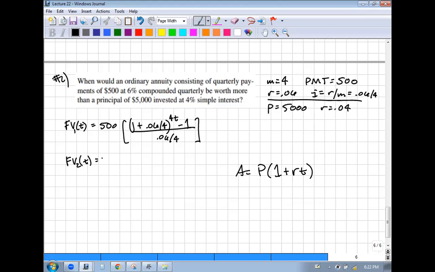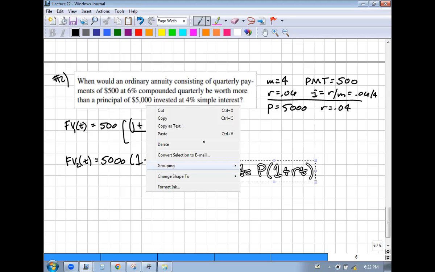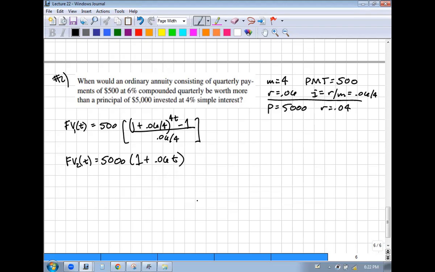So we have 5,000 times 1 plus R, which is 0.06, and then times T. So graph these and see where they intersect. Graph and look at intersection.